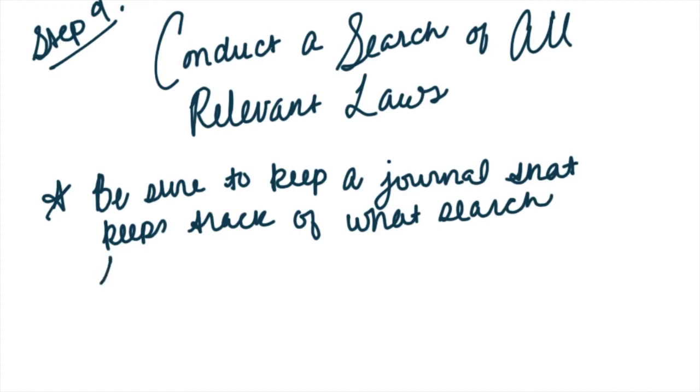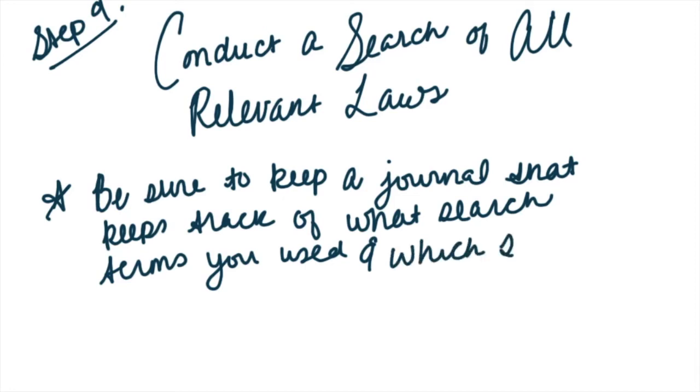When you're trying to figure out how to conduct a search of all the relevant law, you're going to think about the scope of your project. If you're only looking at states, 2 states, for example, then all the relevant laws would be the laws in those 2 states.